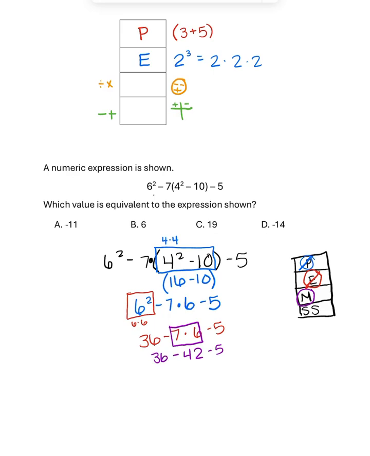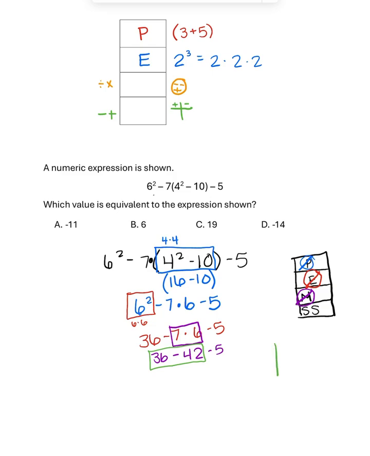All right, now we are on to our last 2 steps, which are subtraction. So now 36 minus 42. Can I do 36 minus 42? Nope, I cannot. So looking back up here at my OOO tower, I need to use my table. That's why it's nice to already have that.